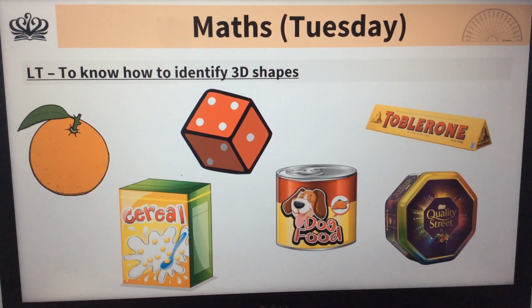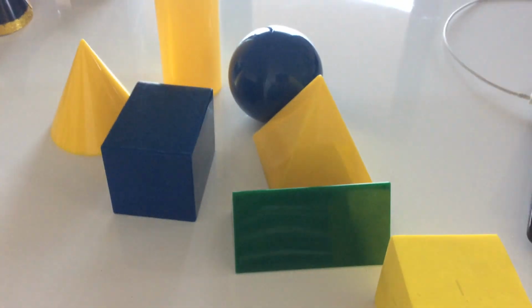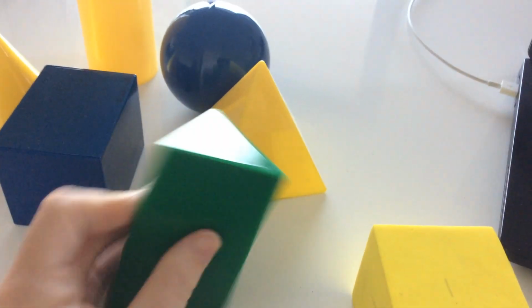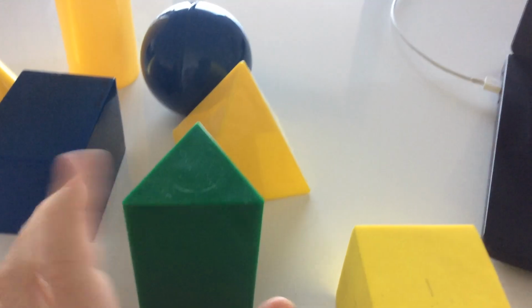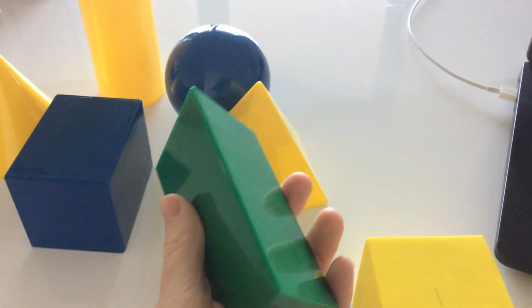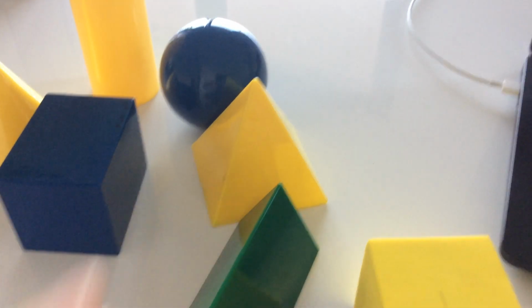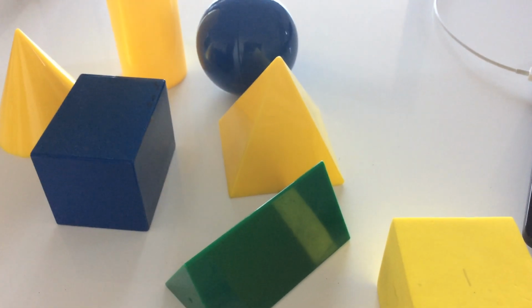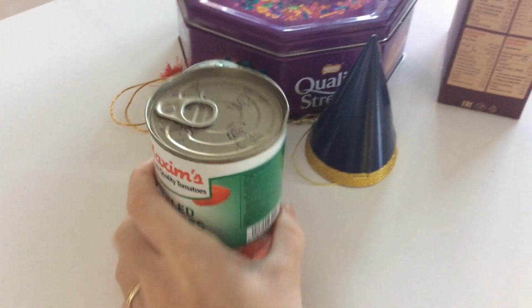Now as I've said, it would be lovely if you all had a set of these 3D shapes at home, because when you are counting the edges, faces and vertices, it's really lovely to have the shapes to use and count yourself. You can be a little bit inventive. I've got other examples of 3D shapes here.